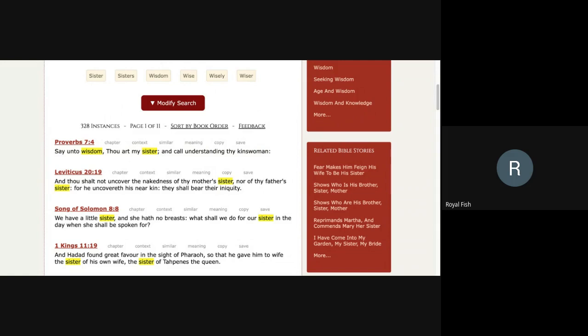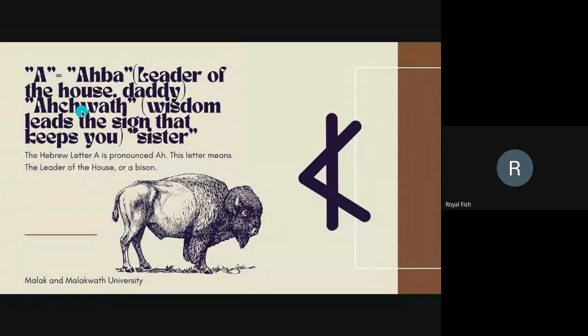Okay, so let me go back to our tab. Wisdom leads the sign that keeps you. I'm going to break this down anyway, and this is going to help you really understand and overstand the Bible, and understand exactly how to break things down and take the word of God more seriously.